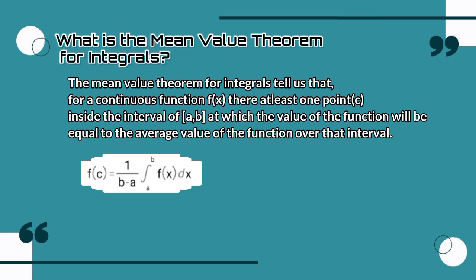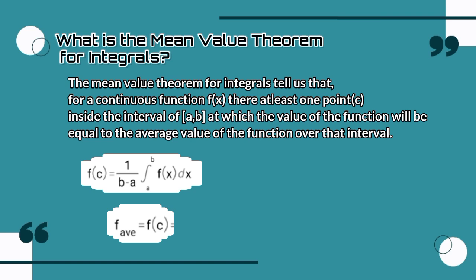And here is the formula for the mean value theorem. f of c equals 1 over b minus a times the definite integral of f of x dx from a to b. The statement also says that the average value of the function is equal to f of c.